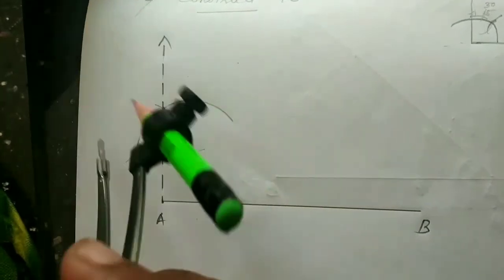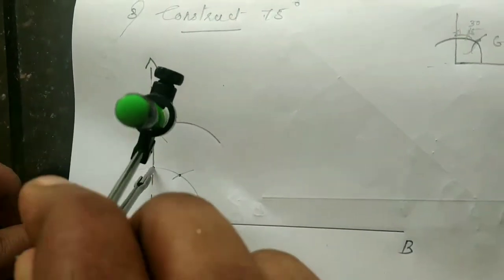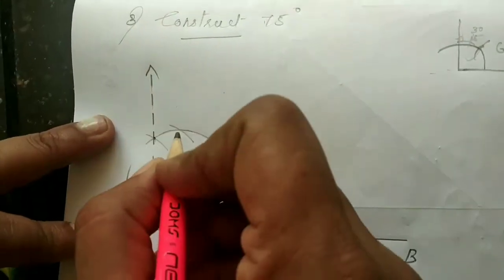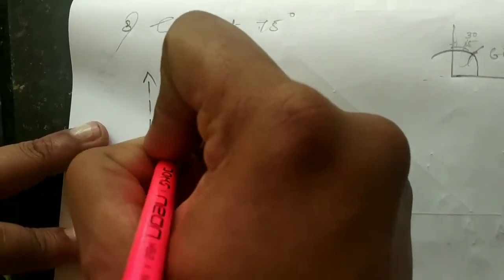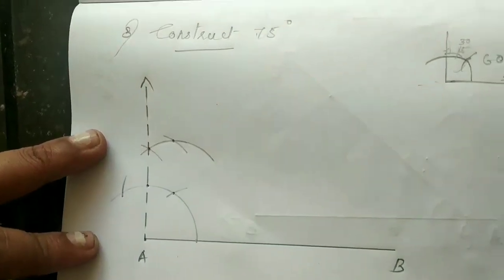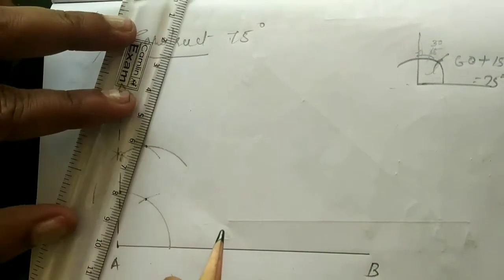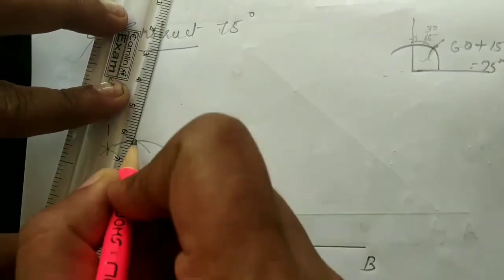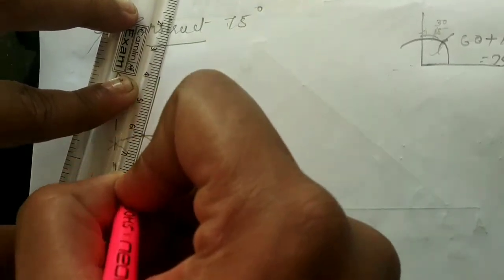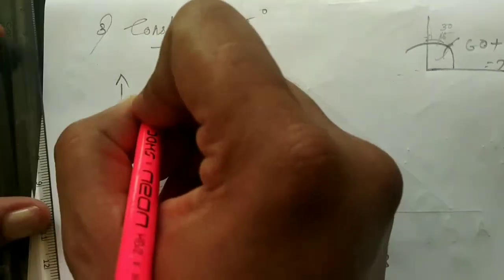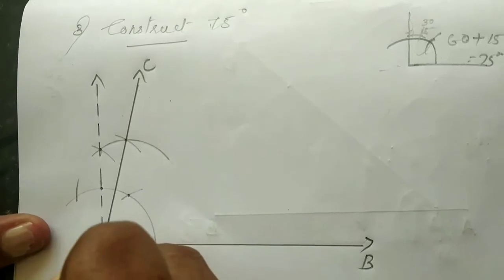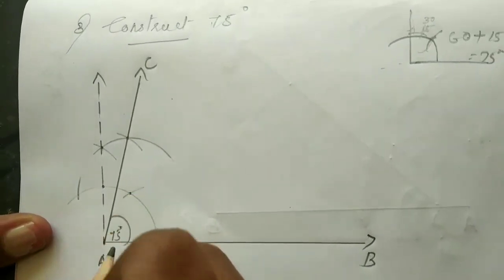So from here, you just cut the arc and mark the point of intersection. See children, here is the point of intersection. And we draw a line to join this to A. Close the arrow mark, and it is C. This is 75 degree. Understood?